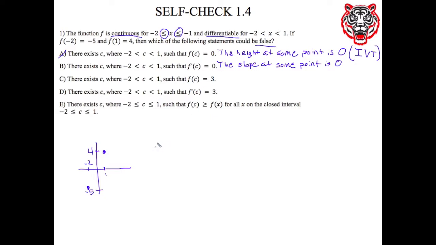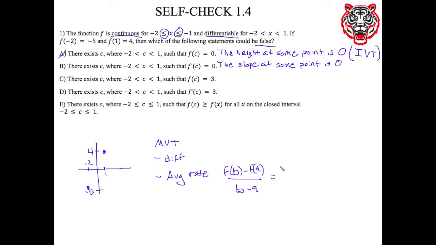For the mean value theorem, we need it to be differentiable, which it is, as it says up here. The second thing we need to figure out is the average rate, because the slope equals the average rate at least once. To do that, I use my formula, f of b minus f of a divided by b minus a.